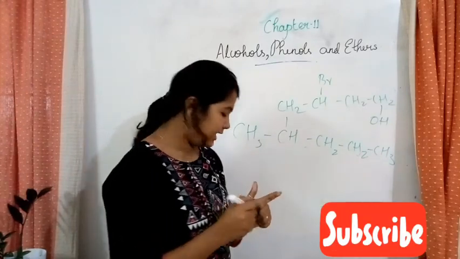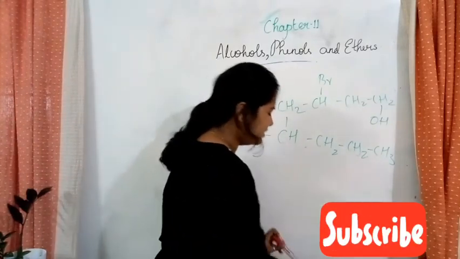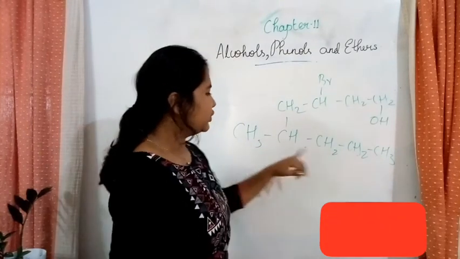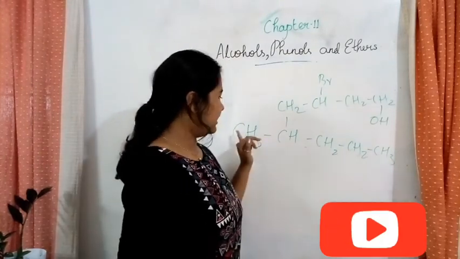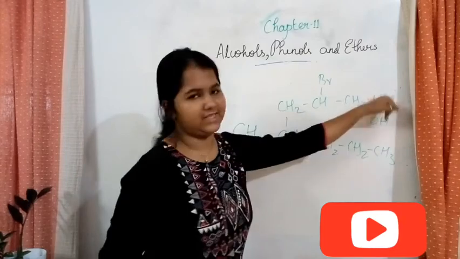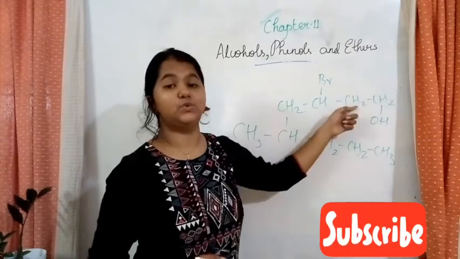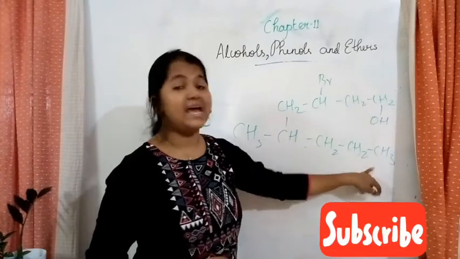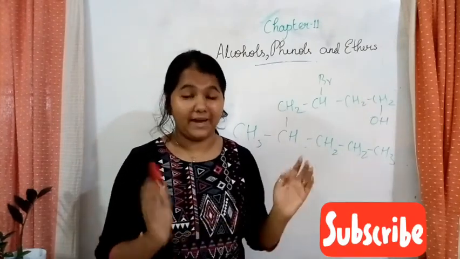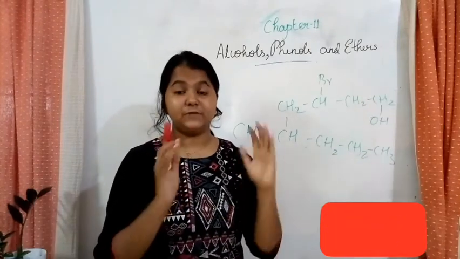First, you have to take the longest carbon chain. So, let's see. 1, 2, 3, 4, 5, and this is 1, 2, 3, 4, 5, 6. So, obviously, you will not take this even if this was a shorter chain because there is no principal functional group attached to it. What is our definition for numbering?